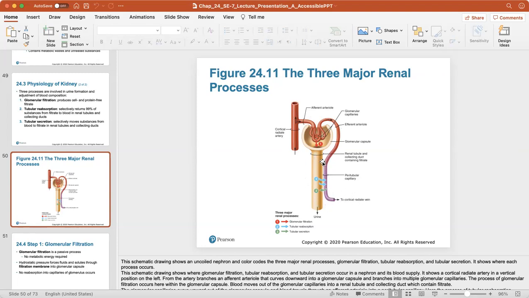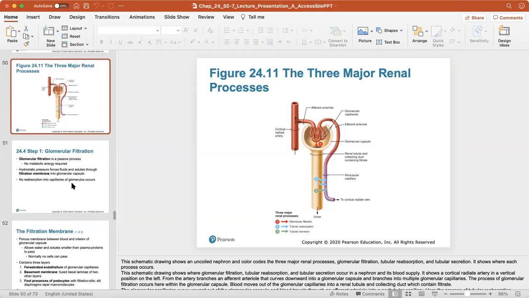Within the tubular system of the kidney, we have tubular reabsorption happening, where the blood is reabsorbing about 99% of the filtrate back into the blood, as well as tubular secretion, so adding a few more things into the filtrate that will eventually form the urine.